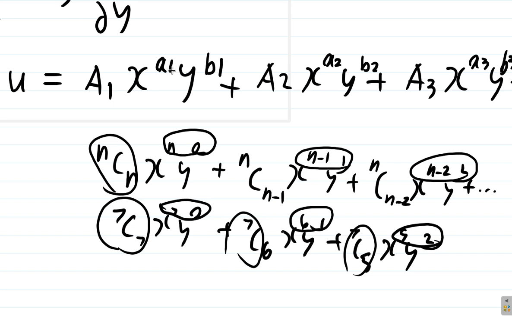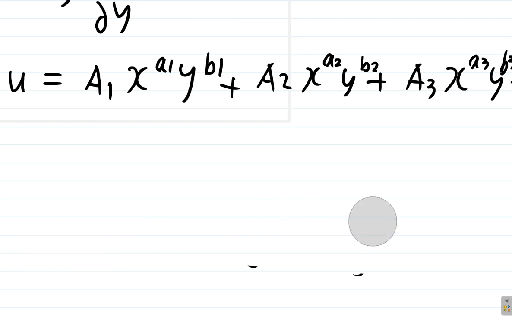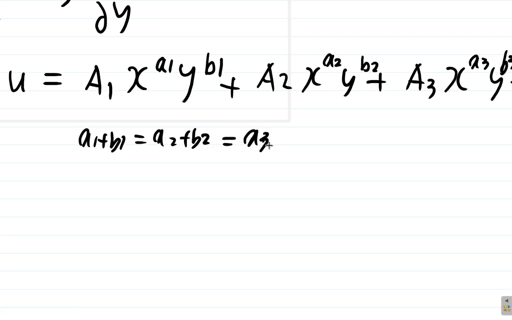And it so happens here too that the powers add up to the same thing. Alright, so let's get rid of this and continue. Now, a1 plus b1 is same as a2 plus b2, same as a3 plus b3, and so on. Alright, it's the same thing. So we have this type of function here.